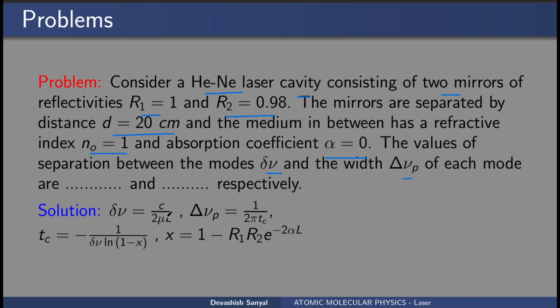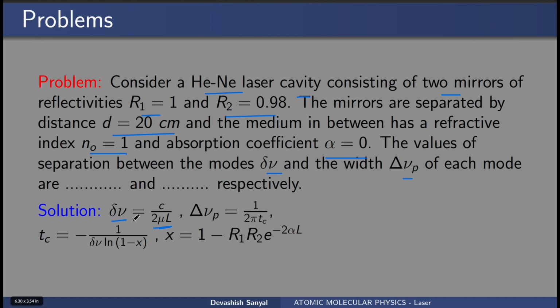So this is easy. We had already found that the distance between the frequencies, delta nu, is c by 2 mu L. So mu is 1, L is given, and so we can find this delta nu directly. And delta nu p we have already done is 1 by 2 pi Tc.